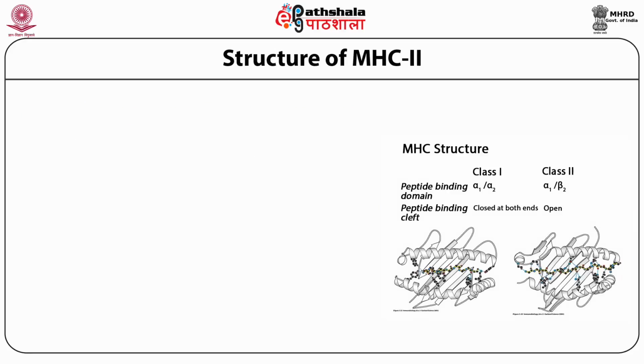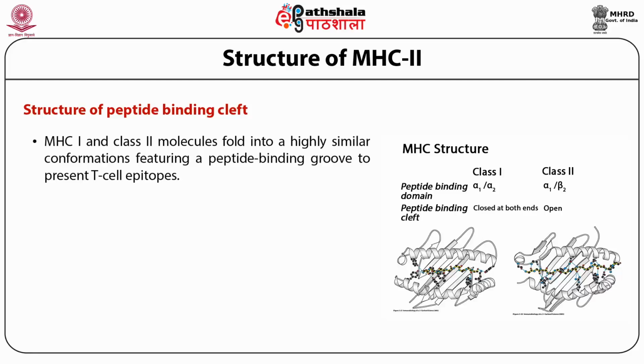Here we see the three-dimensional figure of class 1 and class 2 MHC binding peptide grooves. The cleft of MHC-I and class 2 molecules fold into highly similar conformations featuring a peptide binding groove to present T cell epitopes.